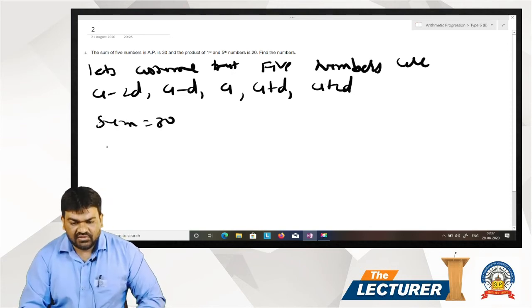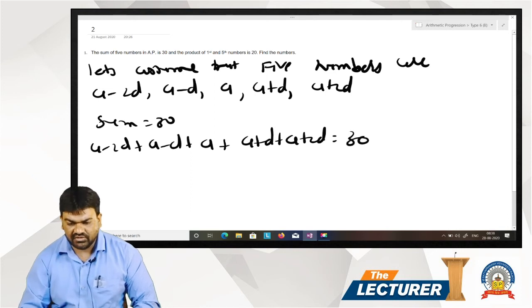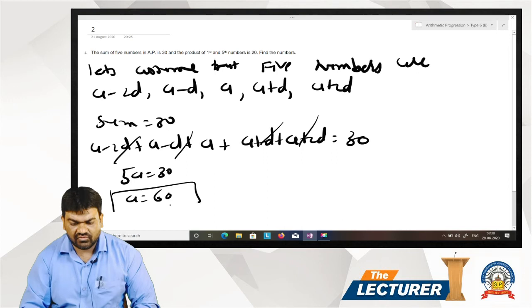Sum is equal to 30. So a minus 2d plus a minus d plus a plus d plus a plus 2d is equal to 30. The 2d and minus 2d cancel, d and minus d cancel. So 5a is equal to 30. So a is equal to 6.